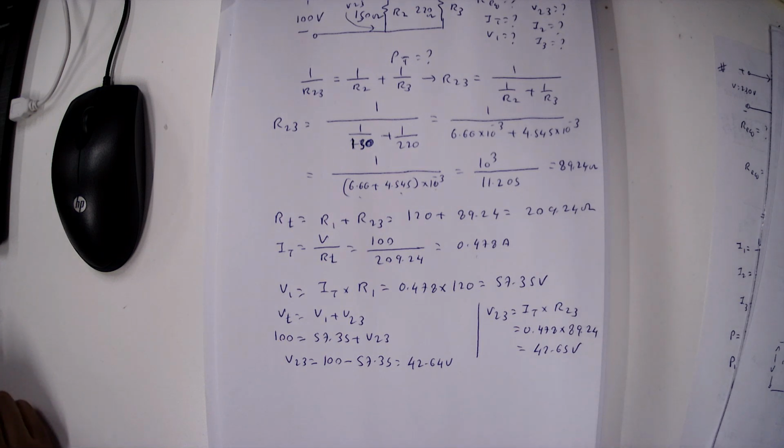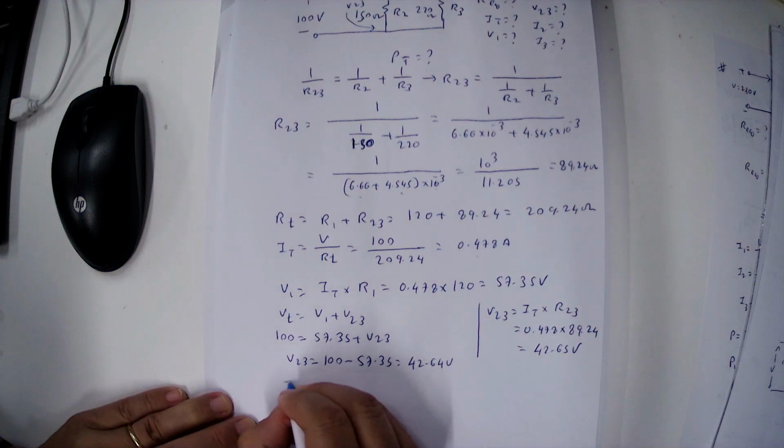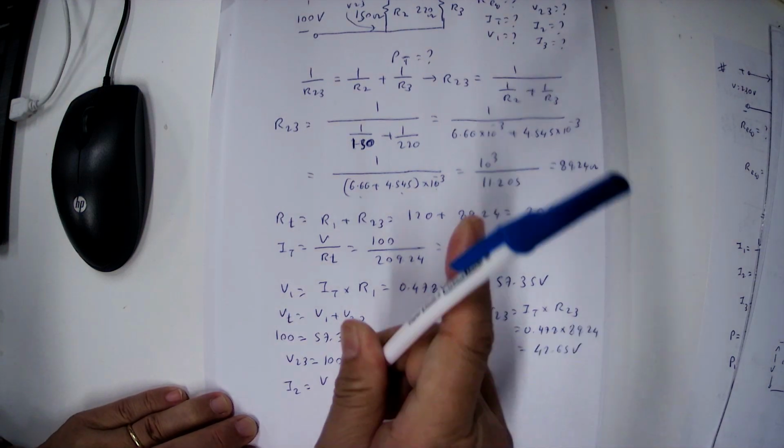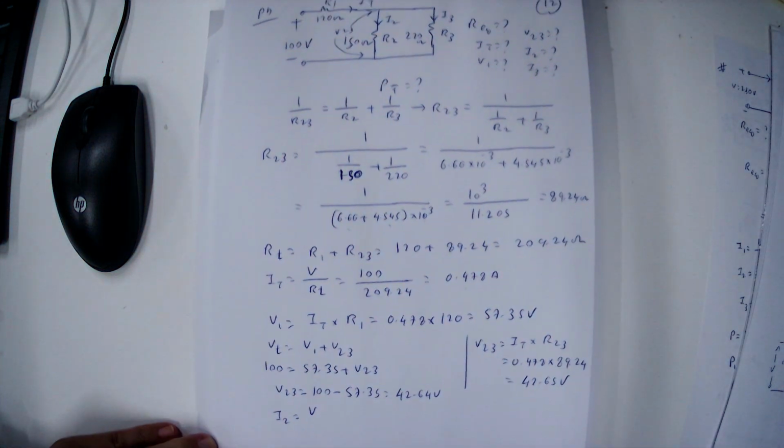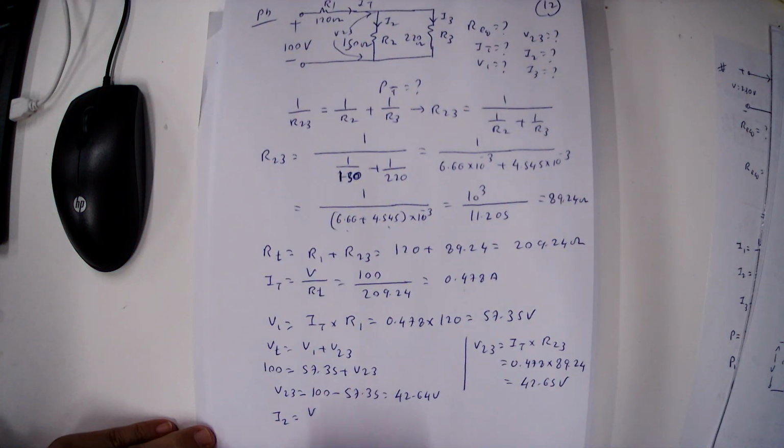Then we calculate the current through resistor R2. Because the voltage V23 is across it, I2 equals V23 divided by R2.